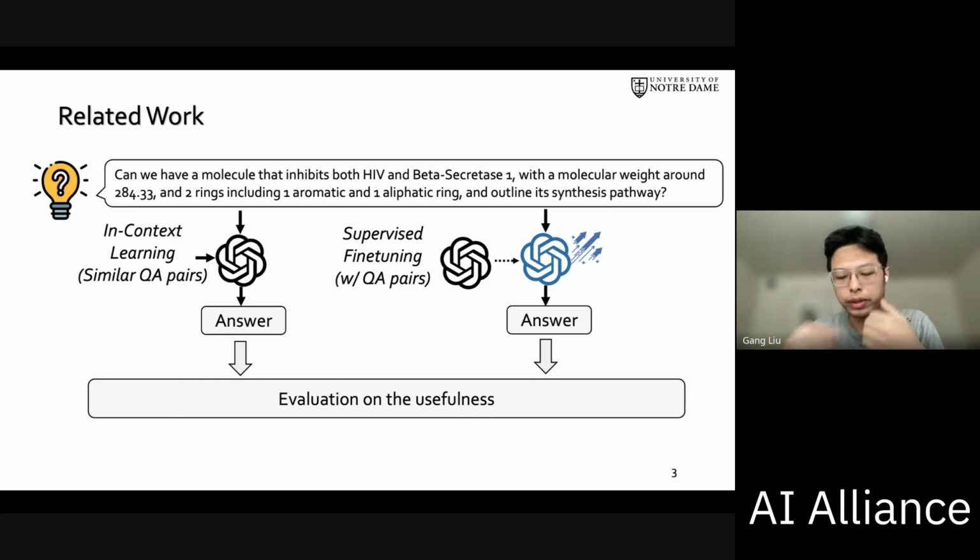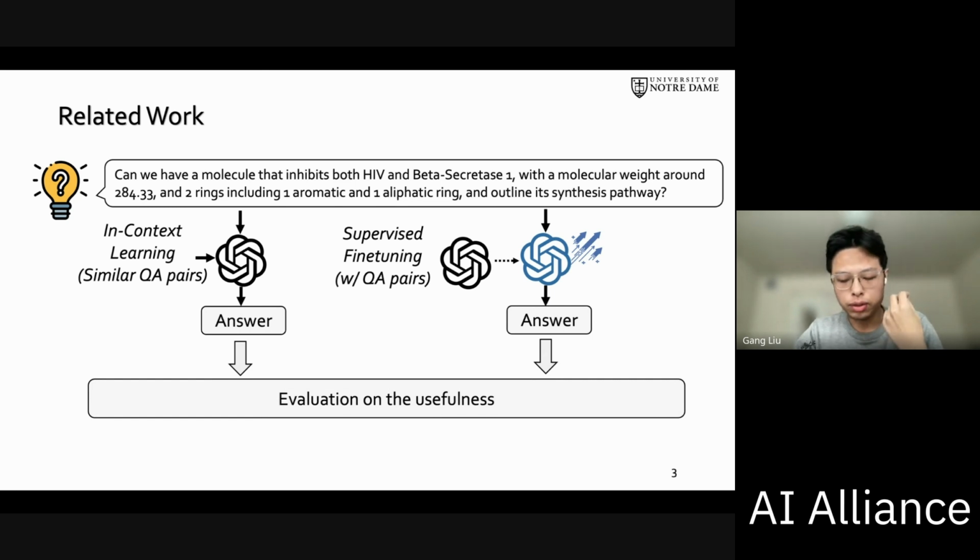Then we ask the language model to give us an answer, and it will learn from the demonstrations to generate similar answers. For supervised fine-tuning, in this pipeline we usually need to collect many more question and answer data pairs. Using these pairs, we can fine-tune the large language model, and then we can ask it new questions.